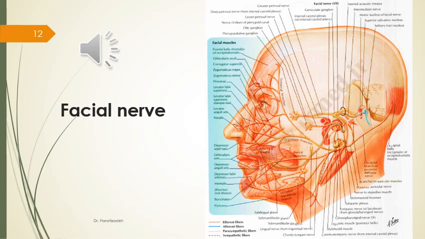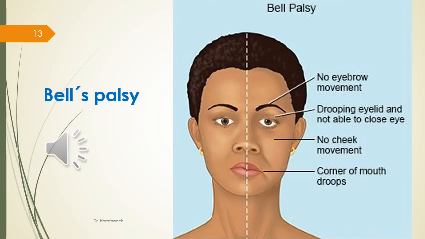You can trace each branch to the target organ. In this picture, you can see a very common problem of the seventh nerve or facial nerve. It is a kind of paralysis of this nerve, which we call Bell's palsy.